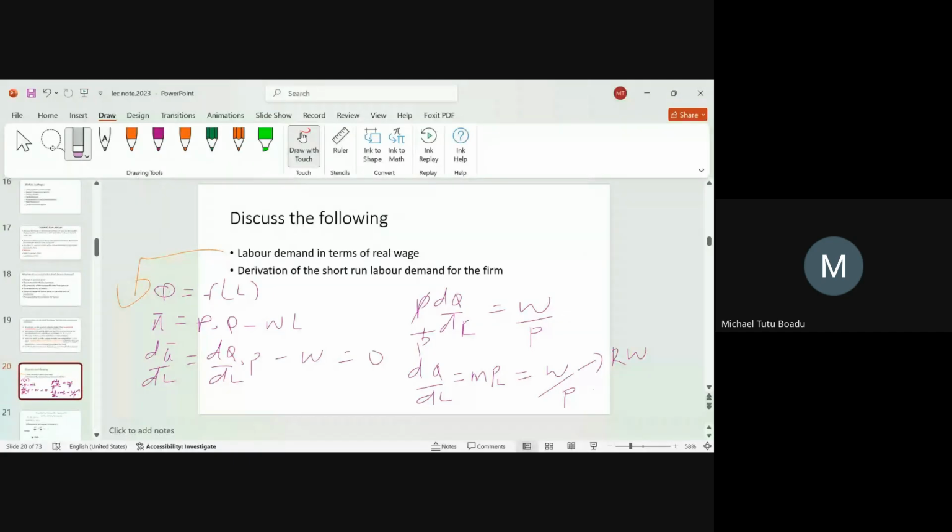So the labor demand in terms of real wage can be determined. We can also derive the short-run labor demand for the firm.